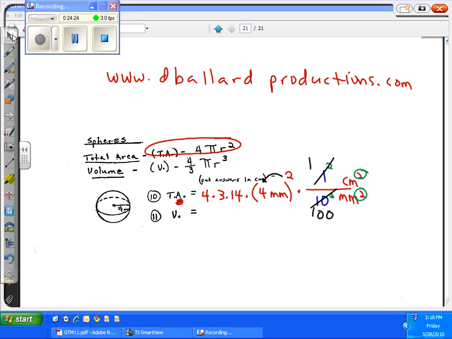Again, the square is going to hit the 4 and the milli, and we'll cancel the square milli part with that square milli. So we're going to have 4 times pi times 4 squared divided by 100.